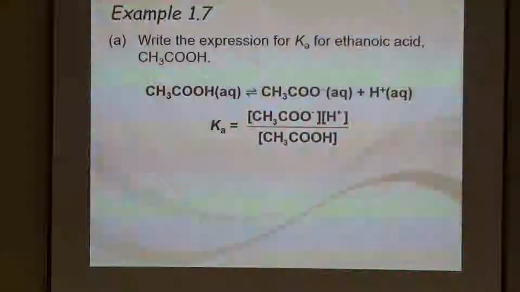Now, if you had written down the equilibrium using water, that's fine. But for the Ka expression, you exclude the water. You can just write H3O plus. You exclude water because it is part of the definition of Ka.